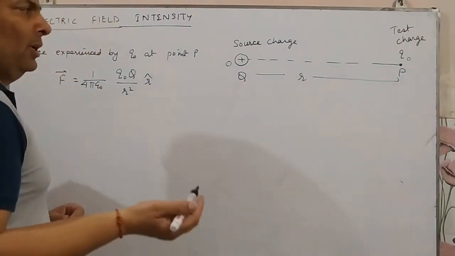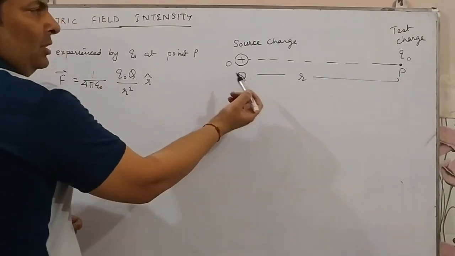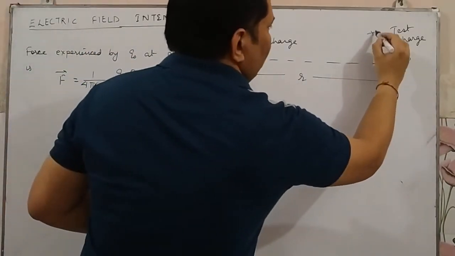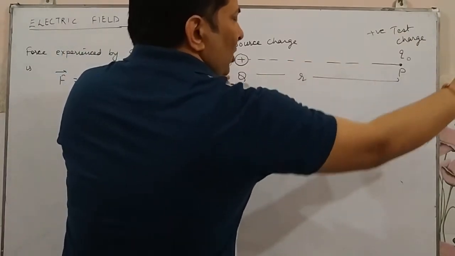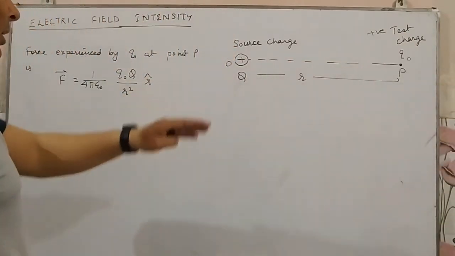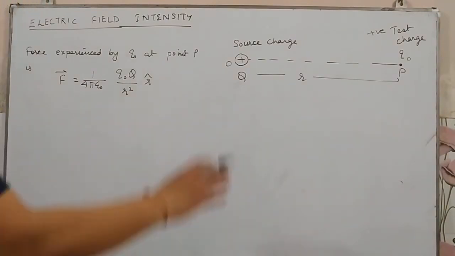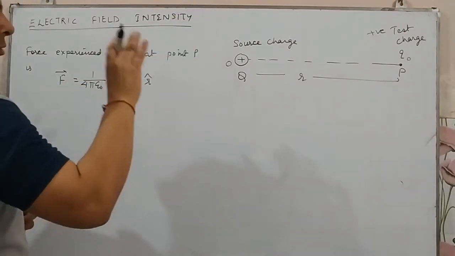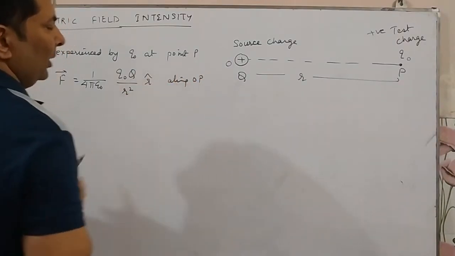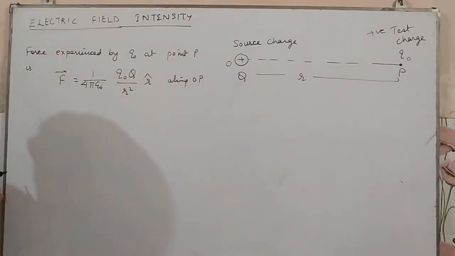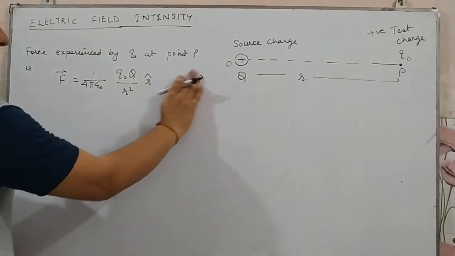You can understand this well, because if this is a positive source charge and this is a positive test charge, repulsion will take place and the charge will be pushed outwards. So R is taken as per the direction of the force. In this case, R is outward from O to P. You can write it here along OP for positive charges. Otherwise, I need not mention this.